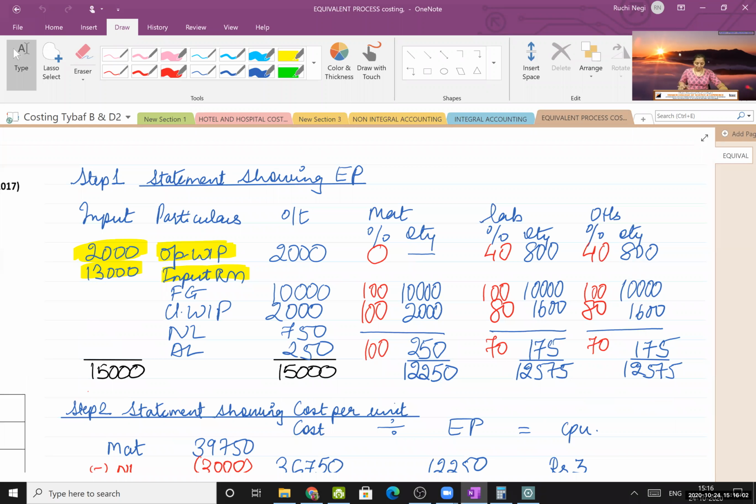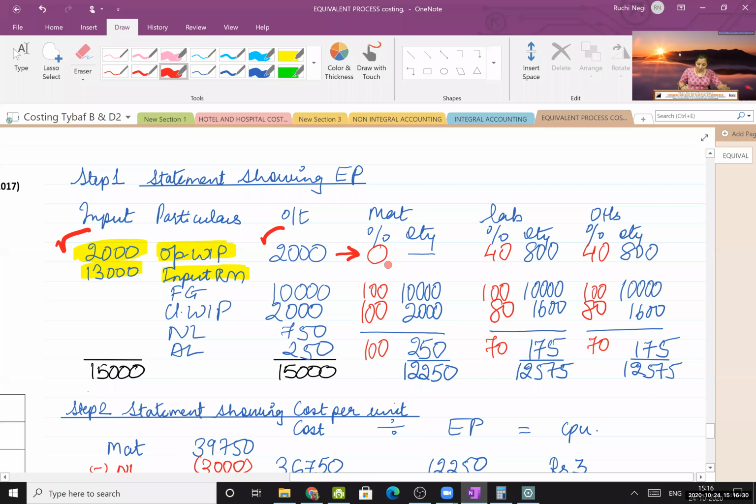Okay. Now input WIP. There are two raw materials: the one which was closing will become opening this time, so that will also be converted into output. So 2000 opening WIP, output 2000. Next, what is the degree of completion?